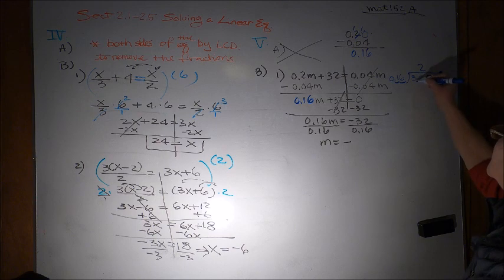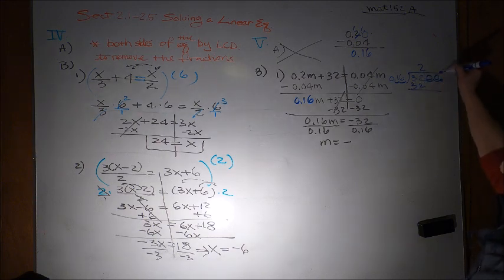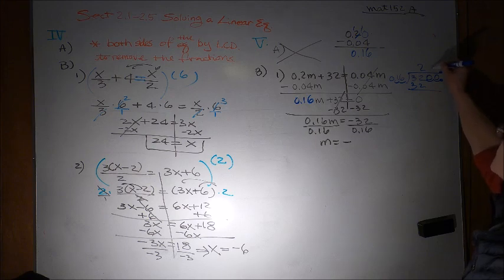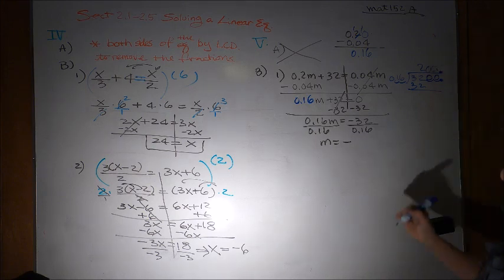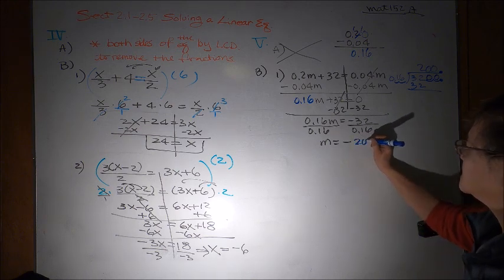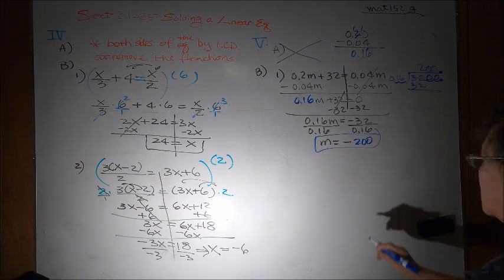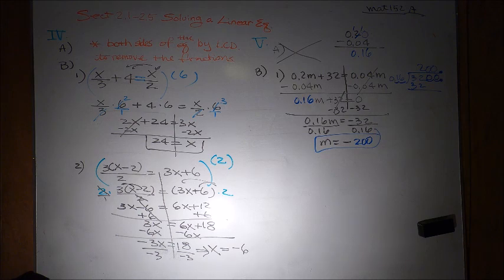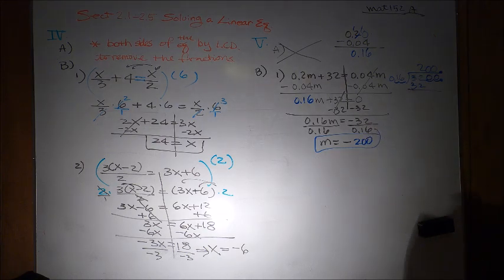16 can go into 32 twice. Then until you reach the decimal point, you fill up with 0, right? So the answer is what? Negative 200. That's how you do decimals. I'm not going to test you on decimals yet.